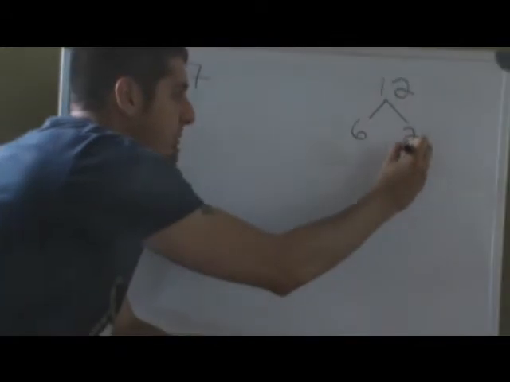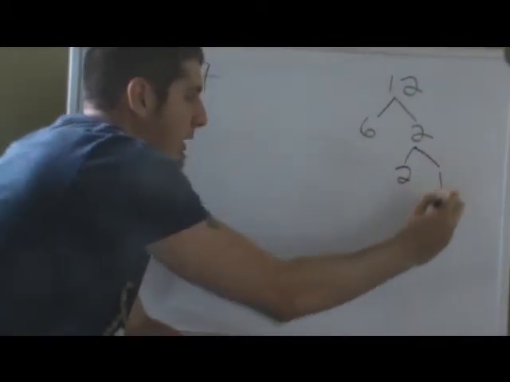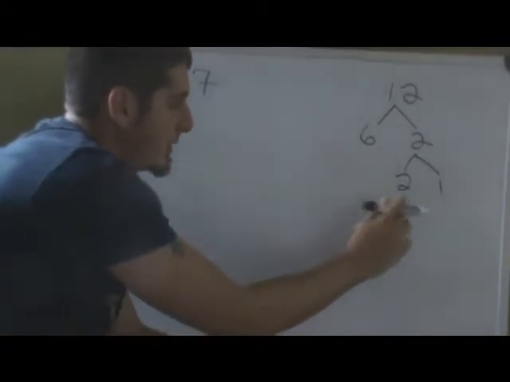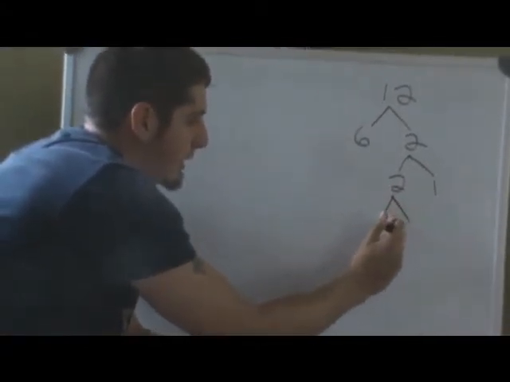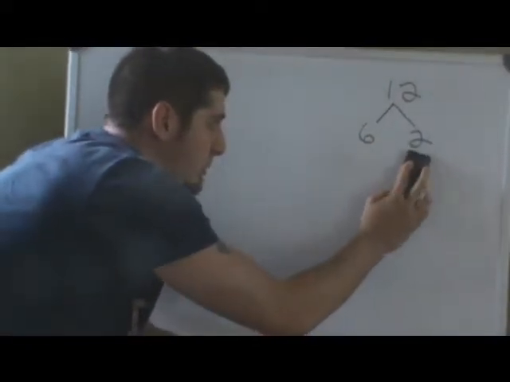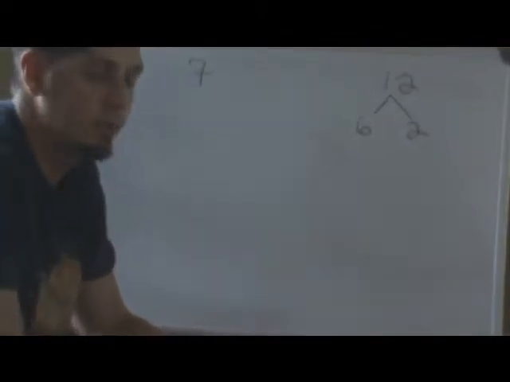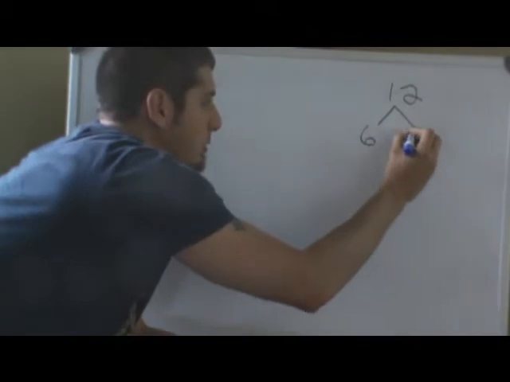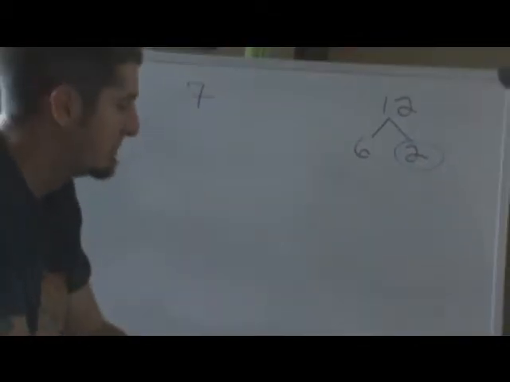If I broke down 2, it would have to be 2 times 1, because the only factors of 2 are 2 and 1. And then you're left with another 2, and this will just repeat forever. So when you get to a prime number, such as 2, where the only factors are itself and 1, you stop. And what I like to do is circle it. That way I know that branch has ended.